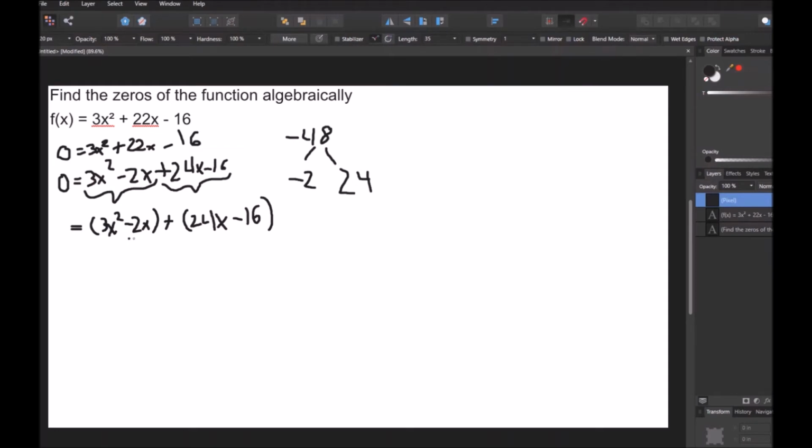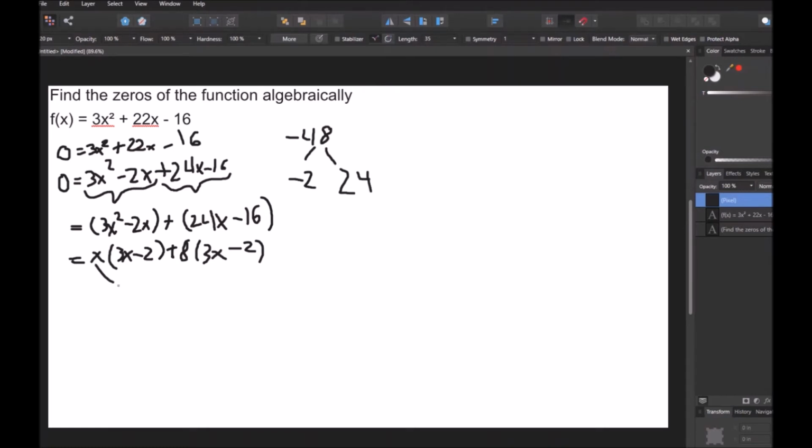And in this first term, I can factor out an x. So I'm going to have x times 3x minus 2. And then here I can factor out an 8. So I'm going to have 8 times 3x minus 2. Because if we distribute the 8 to the 3x and the negative 2, we'd get 24x minus 16.